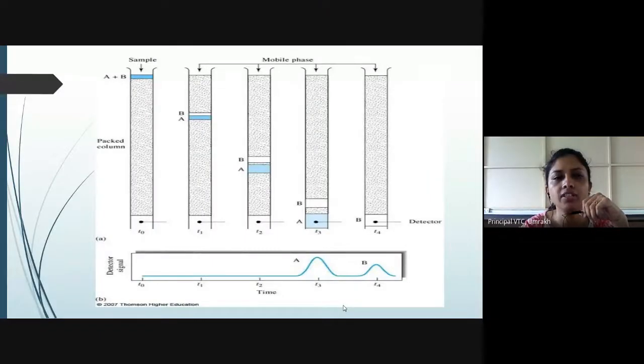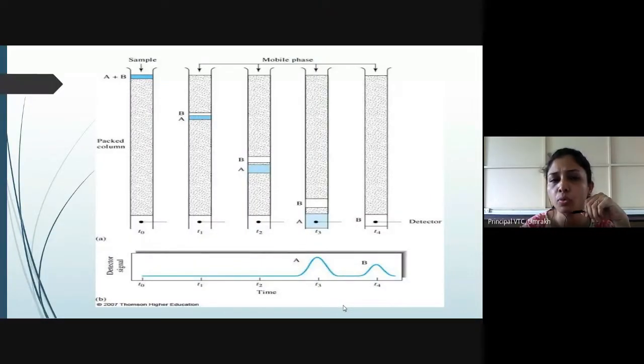When we add the mobile phase to this packed column having the sample, you can see in the next column, the second figure, that A is moving faster compared to B. In the next columns, A is moving further compared to B. That means A has less solubility or less affinity towards the stationary phase, and more affinity and more solubility towards the mobile phase. That's why it is moving more compared to B.